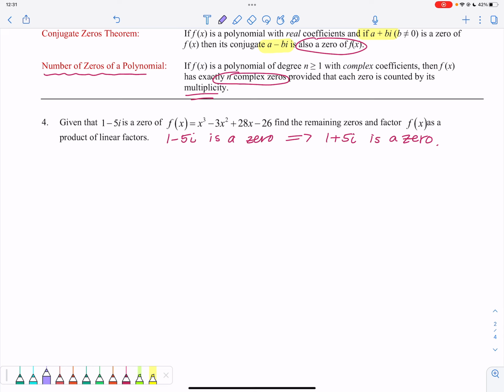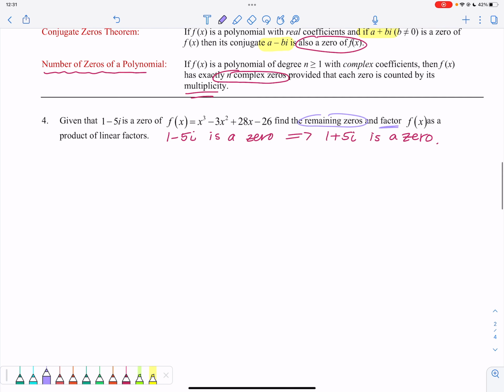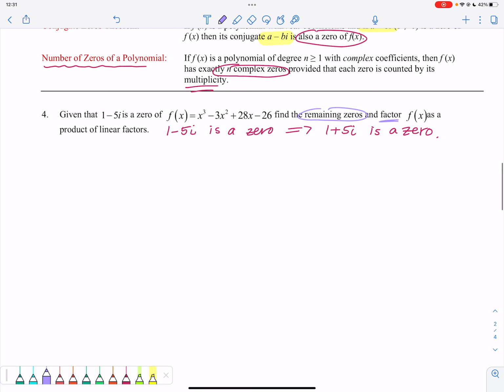And they do want us to find the remaining zeros, and then they want us to factor as a product of linear factors. So let's go ahead and put 1 minus 5i in the box. And I will tell you, you might want to spread these coefficients out a little bit, because sometimes the complex numbers are a little bit longer.